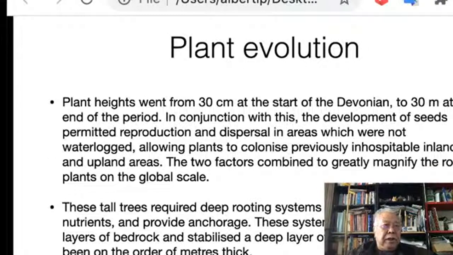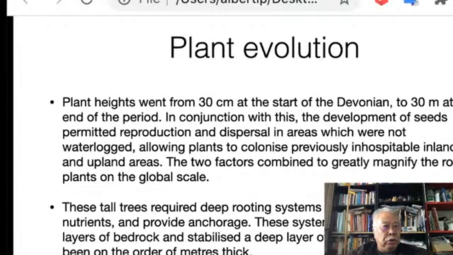At the beginning of the Devonian period, plants were about 30 cm high, but by the end they were about 30 meters high. So in between, the plants had evolved quite a bit. Plants had evolved to be able to produce wood in order to support their height.